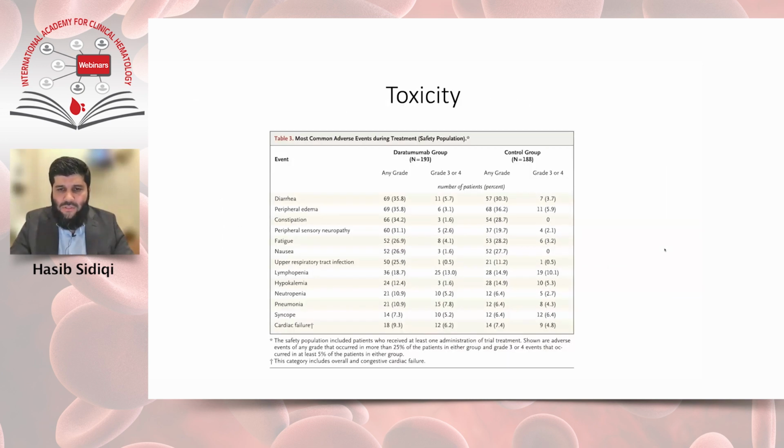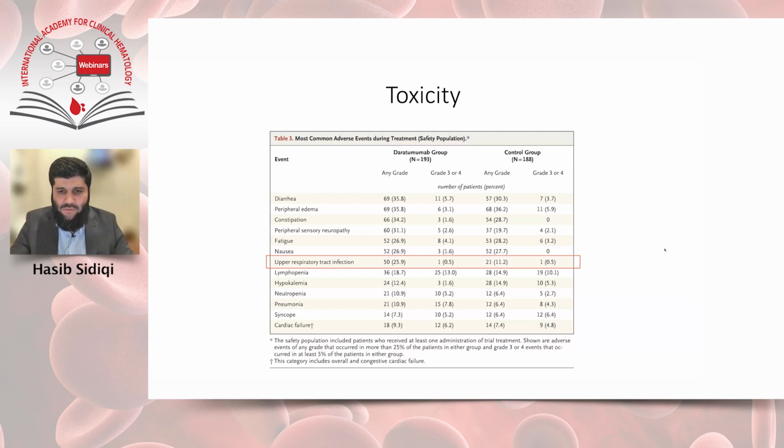In terms of toxicity, I think that overall there weren't any unexpected adverse events of interest, but one thing to keep in mind, particularly given the immunosuppressive effects of daratumumab, which we're aware of, is that the rates of upper respiratory tract infection were higher in patients receiving daratumumab.